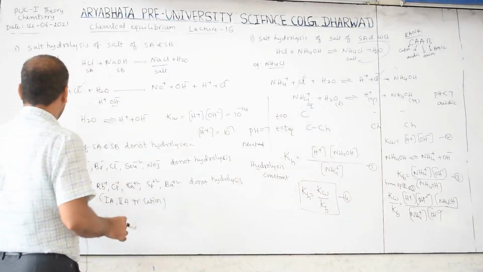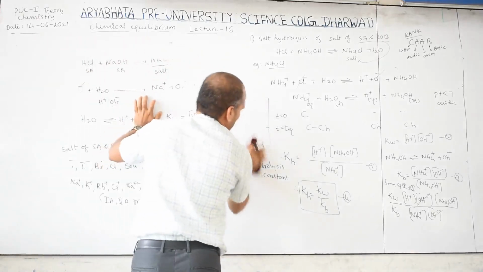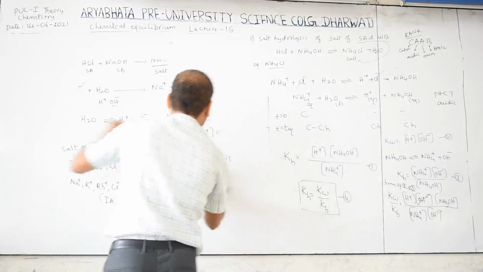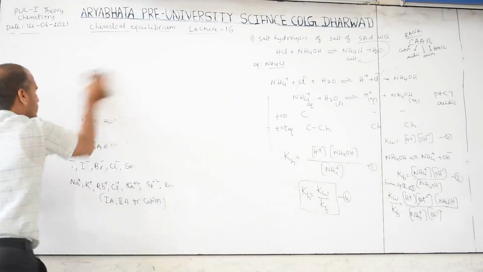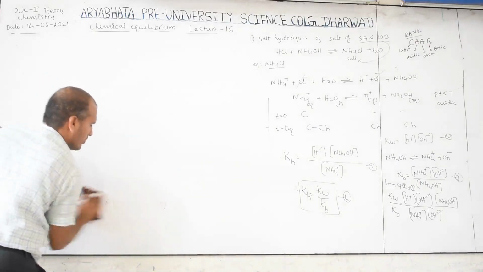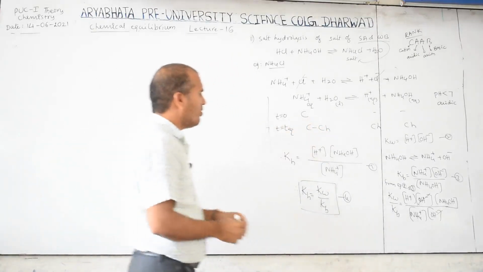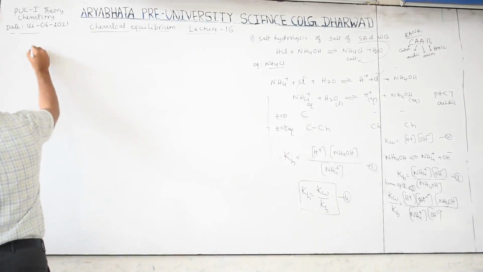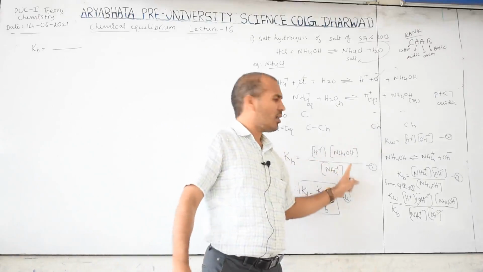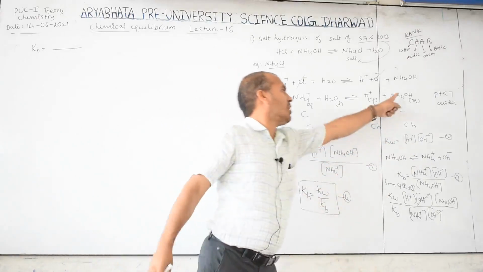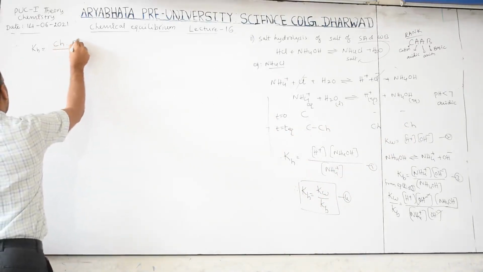After this, from this equation, what can I write? KH is equal to H plus ion concentration C alpha, NH4 ion concentration C alpha. Alpha means h here. Therefore Ch into Ch.